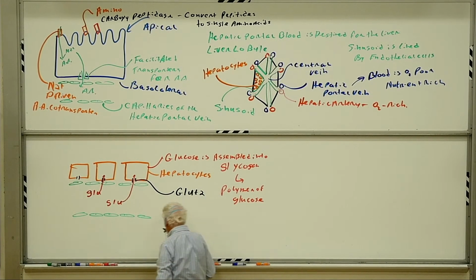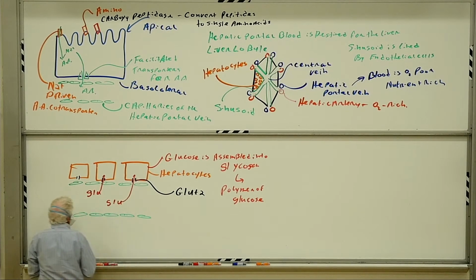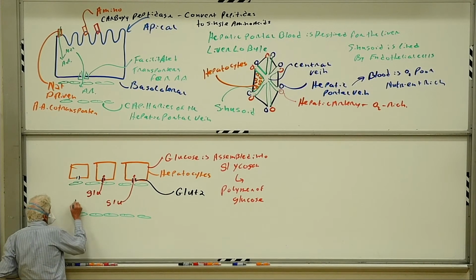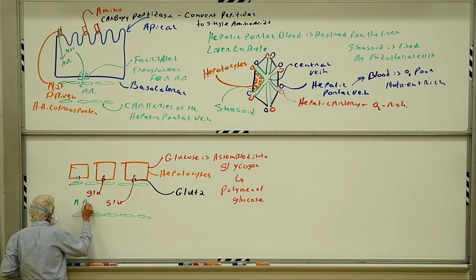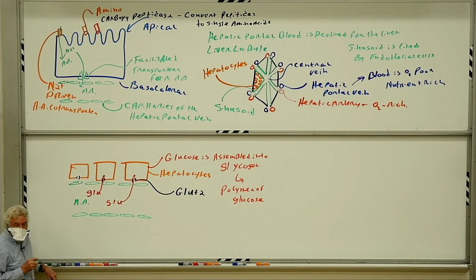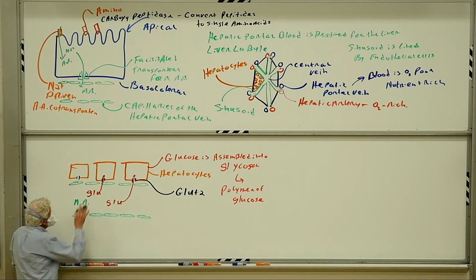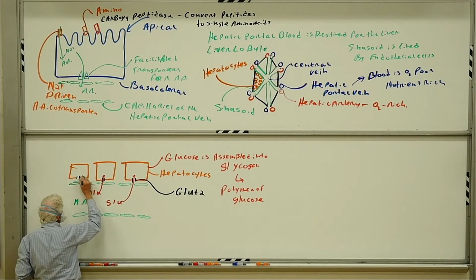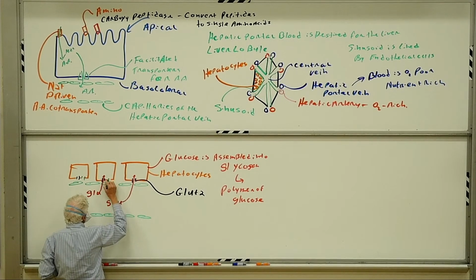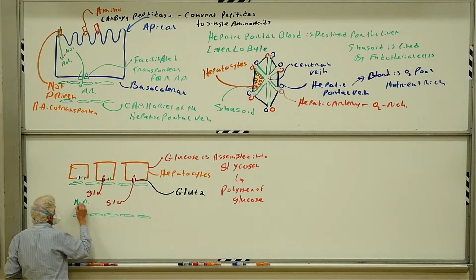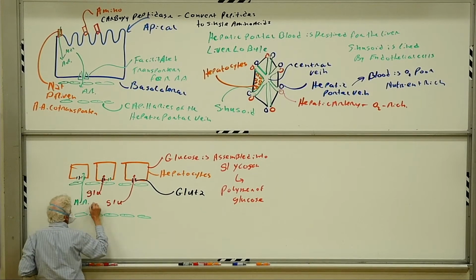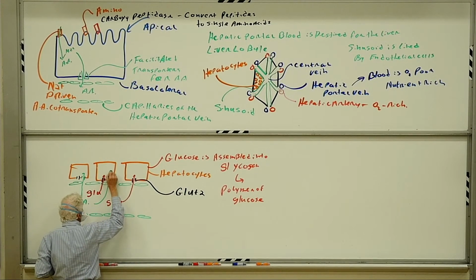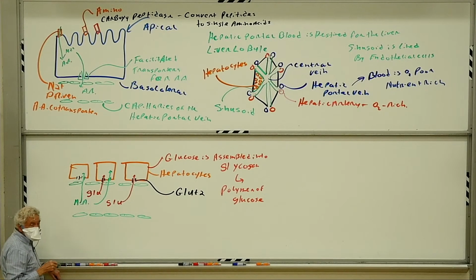But similarly, in the nutrient-rich blood coming from the hepatic portal system, we have amino acids. And again, we're going to have facilitated transporters on these hepatocytes. And amino acids now can move from the blood vascular compartment into the hepatocytes.